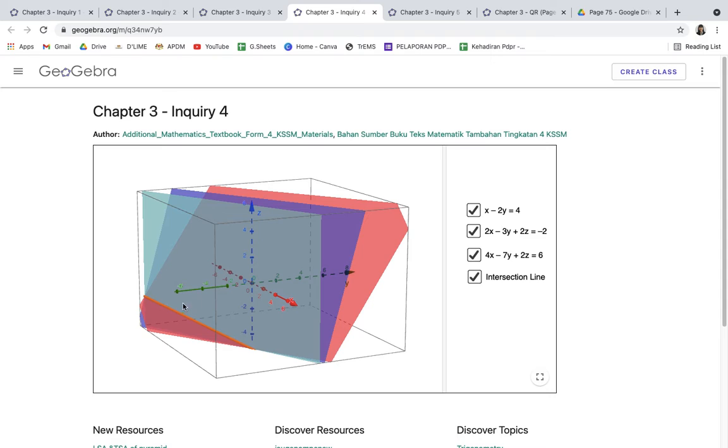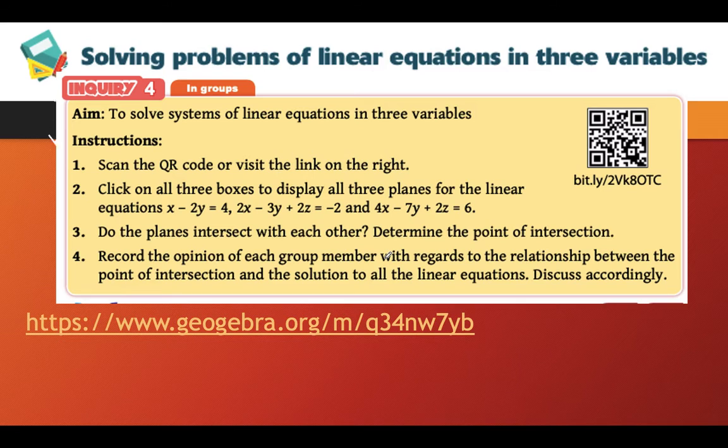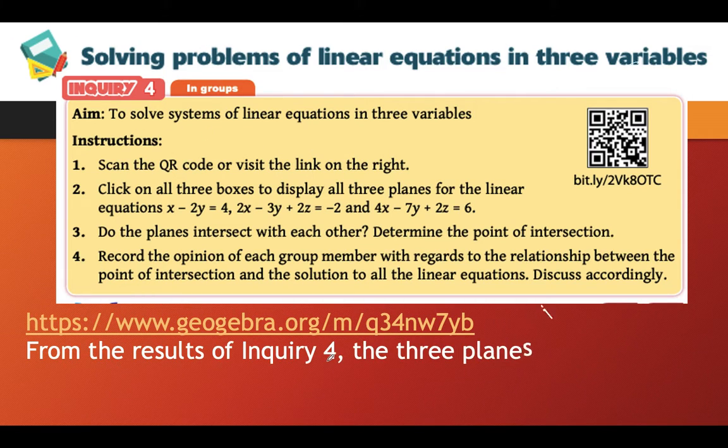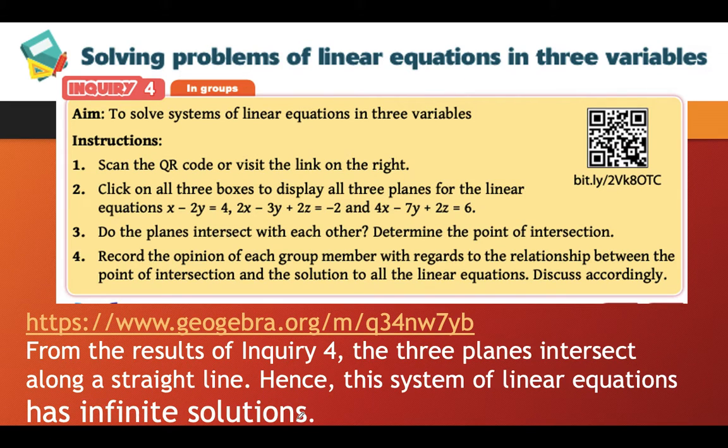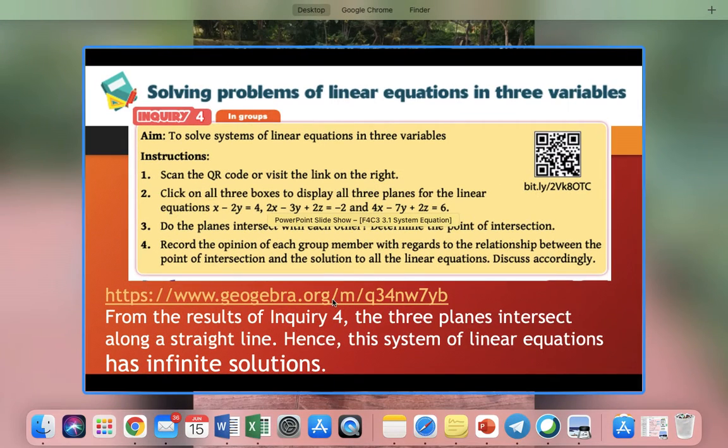Again, you can see the orange color here, they intersect at a line, meaning not only one point, the whole line is where these 3 planes intersect. So from the result of inquiry 4, the 3 planes intersect along a straight line. Hence, this system of linear equations has infinite solutions because there are many points there. If they intersect at one line, infinite solutions.